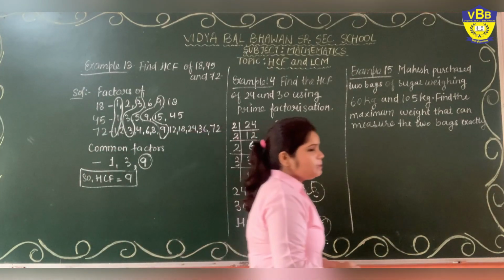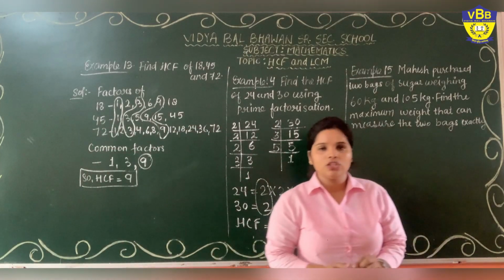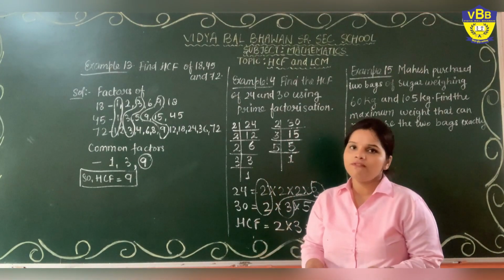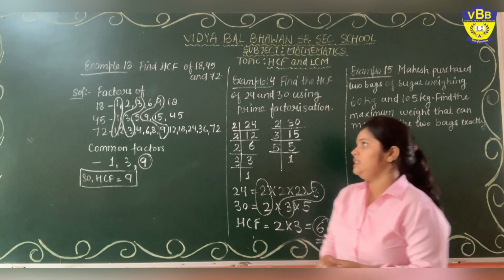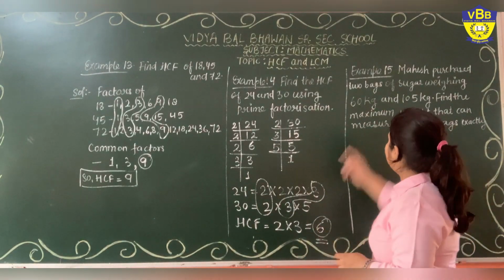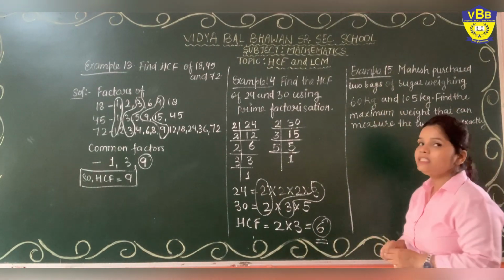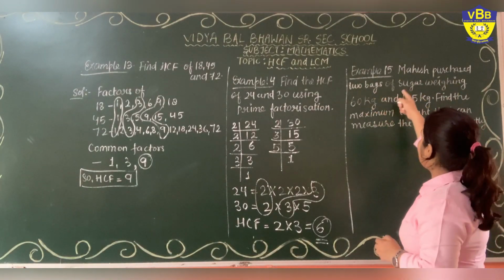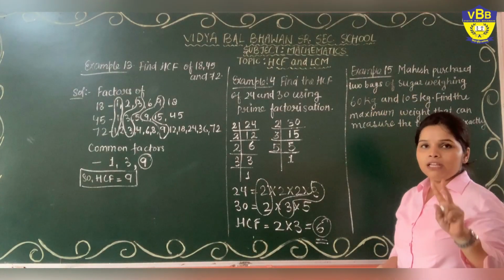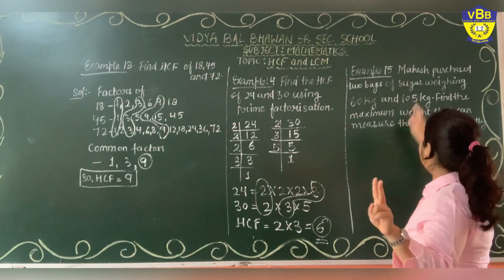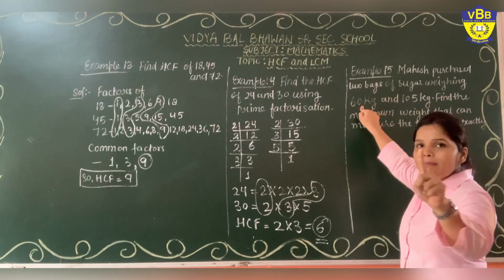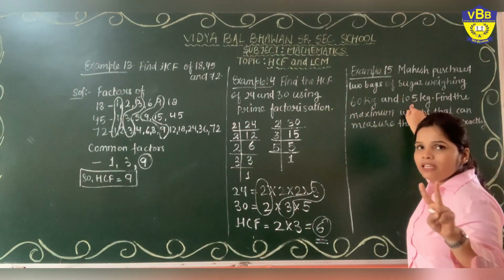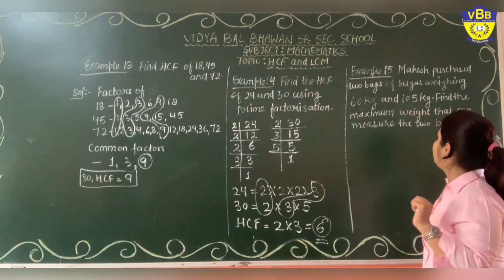Next question is basically an application based question or word problem where we can use HCF. How? Let's see. The question is example number 15, that is saying Mahesh purchased 2 bags of sugar, each weighing, weight of the first bag is 60 kg, weight of the second bag is 105 kg.